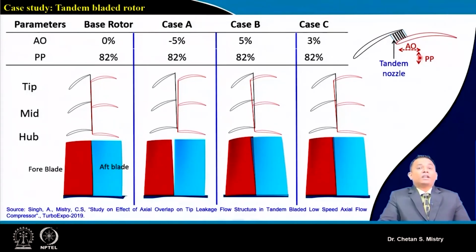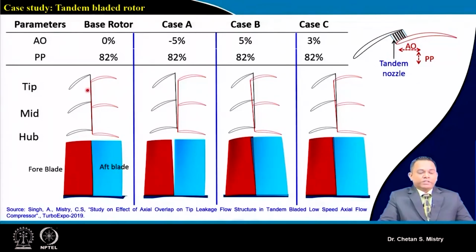Now a number of data and results are available for cascades, but we can understand at a particular station all my configuration may be working fine, but after having the background of all 11 weeks, you must realize that my blade, when we are talking about a rotor, is not at a particular station. This is a three-dimensional entity. So we need to think of design in a three-dimensional way.